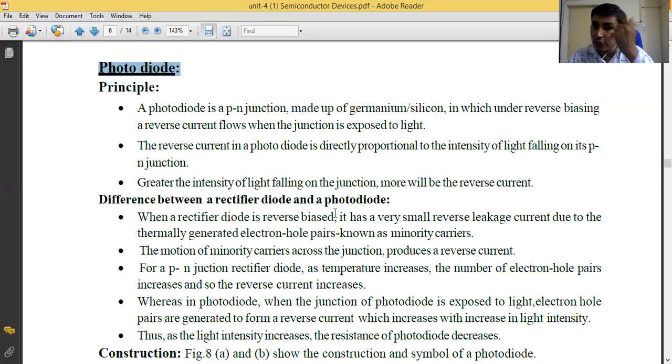But as the temperature increases, the number of hole-electron pairs also increases, and so the reverse current also increases.